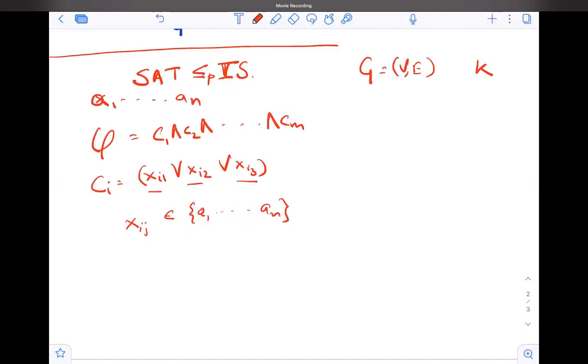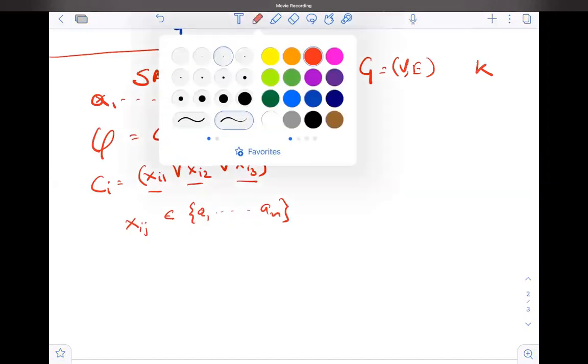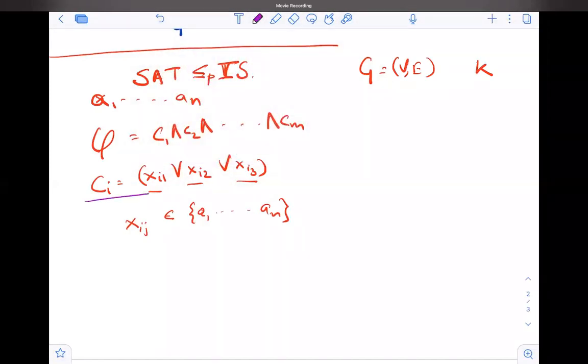Now SAT is satisfiable, meaning every clause must have at least one true term. And we are talking about independent sets, right? Fine, so at least one thing.